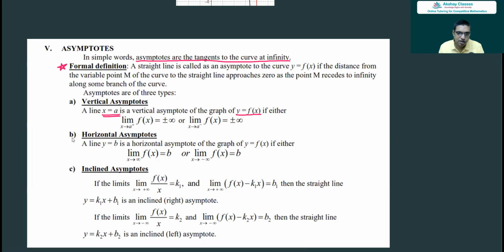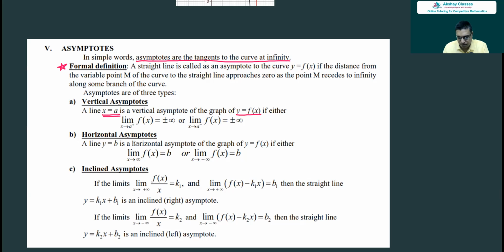Now look at the horizontal asymptote. The line y equal to b is said to be a horizontal asymptote of the graph of y equal to f of x if either as x tends to infinity, f of x is equal to b, or as x tends to minus infinity, f of x equal to b.